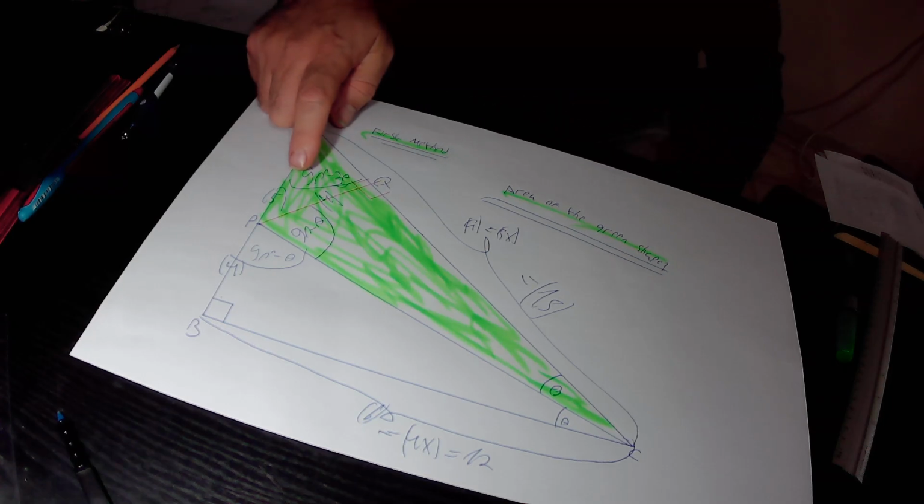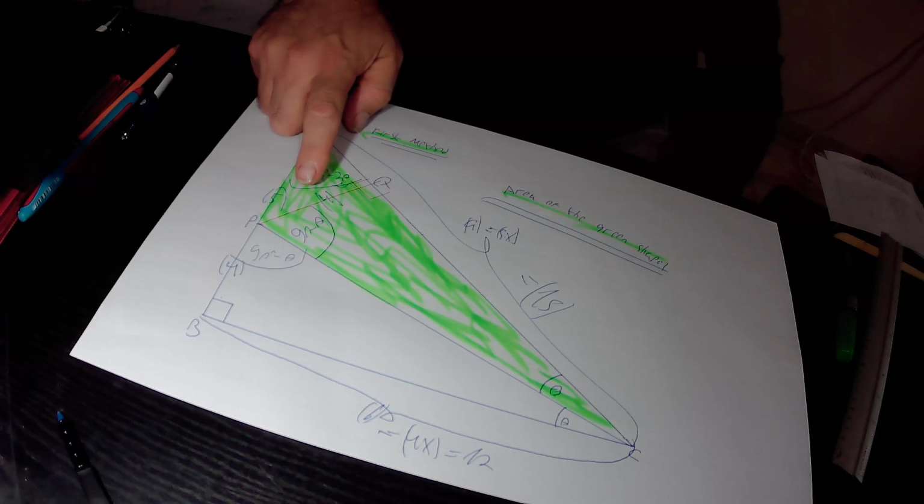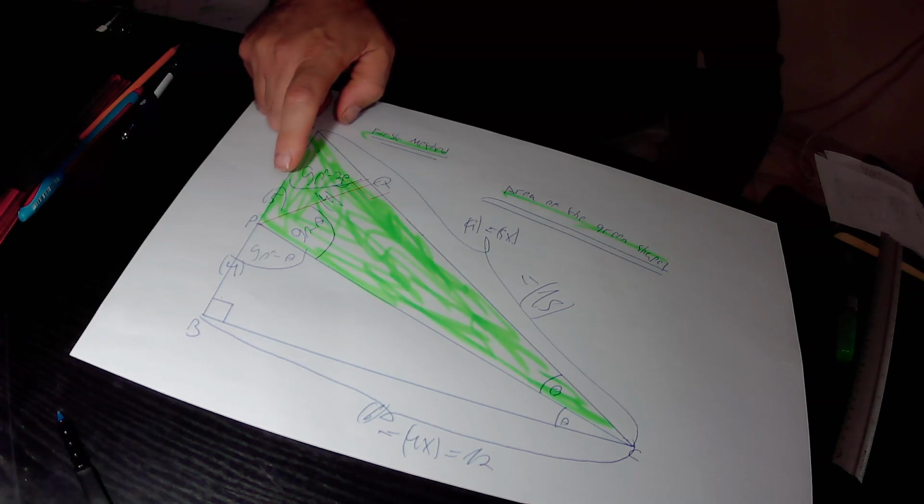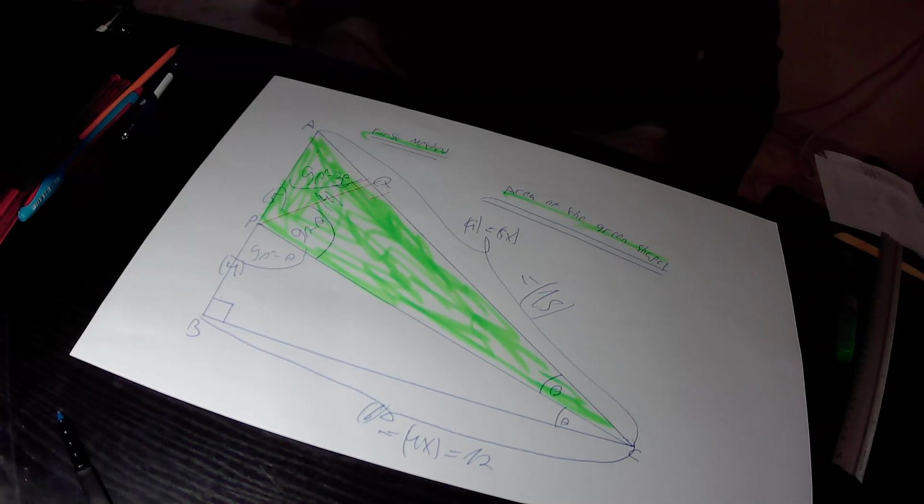So y plus 2 times 90 degrees minus theta equals 180 degrees. By solving the equation, we get that the missing angle equals 2 theta. Okay?